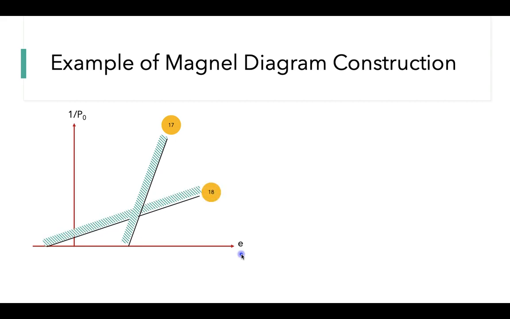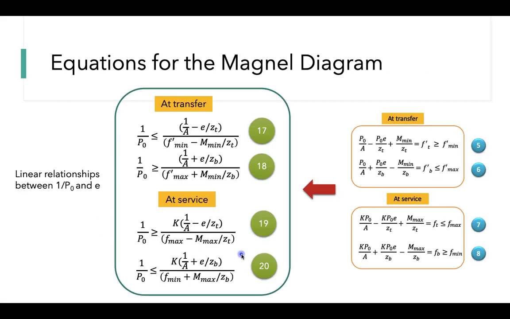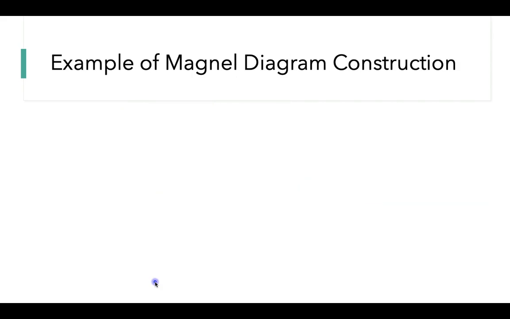If we go back to the previous slide, we can see that from the equations we have inequalities. Based on these inequalities, we can shade the lines and determine the boundary that fulfills our inequalities. So this is the graph.